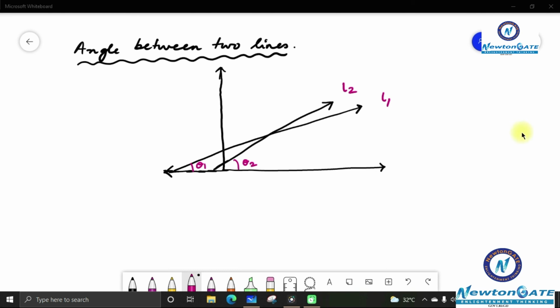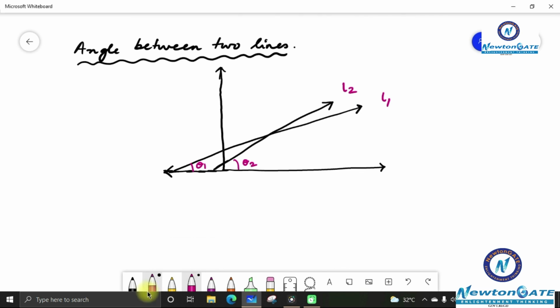Now we will be discussing how we can see the angle of two lines and how you measure it when we have two lines which are not inclined to each other at angle 0, that is parallel, or 90 degrees. So here I have taken two lines L1 and L2, each of which is inclined at an angle of theta 1 and theta 2 respectively.